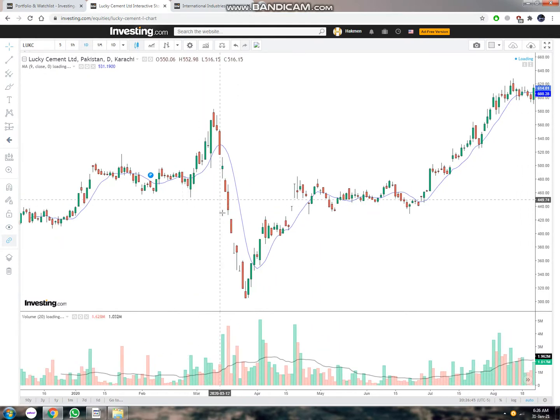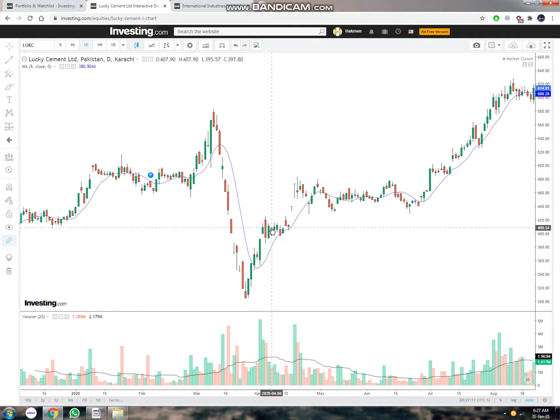Now, one thing you might know is that this was a downtrend, due to the impact of COVID-19. As you can see, this was at its lowest. Then it rose, and before the moving average turned into an uptrend, the candlesticks became bullish.